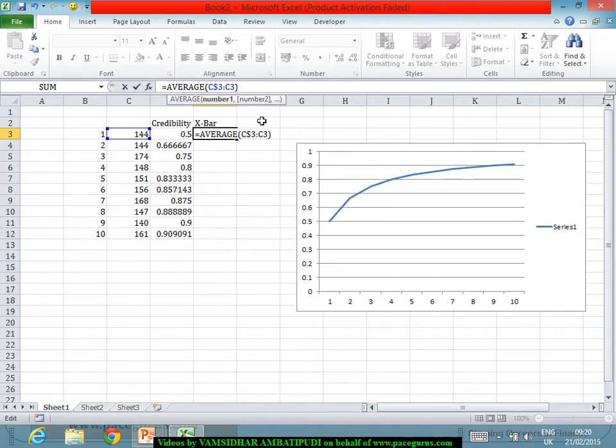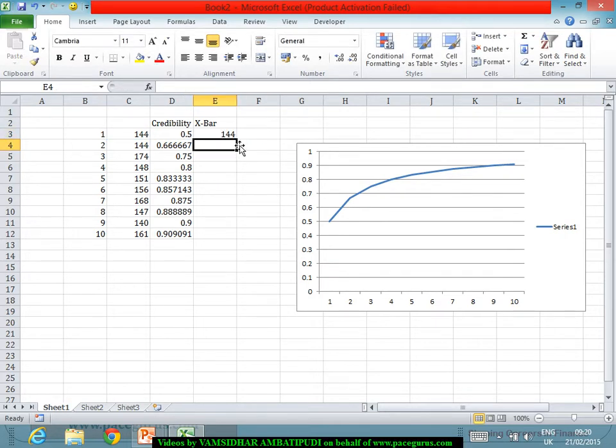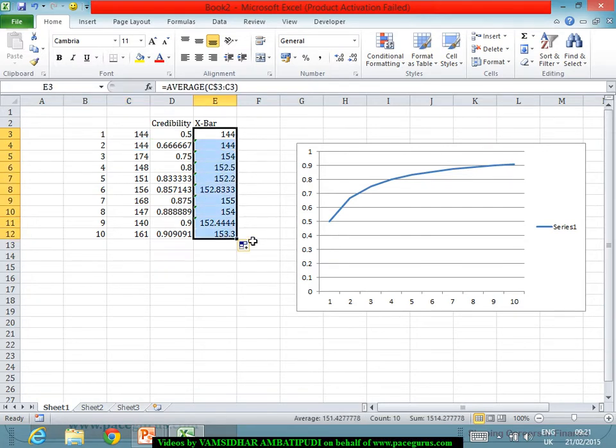Only 1 year's information is available, whereas when I go towards the second, I have more information. So I'll typically take the average of 144 and 144, whereas when I come here, I'll take the average of these three numbers to give the estimate for the next period. So this is what will become my X bar in each of these periods.